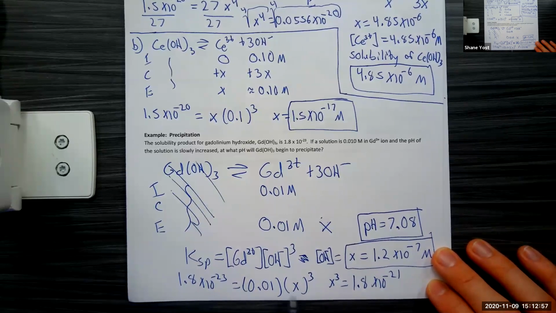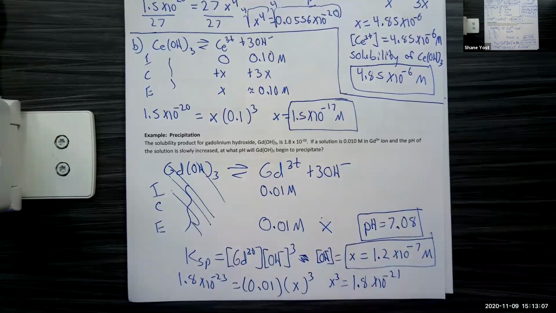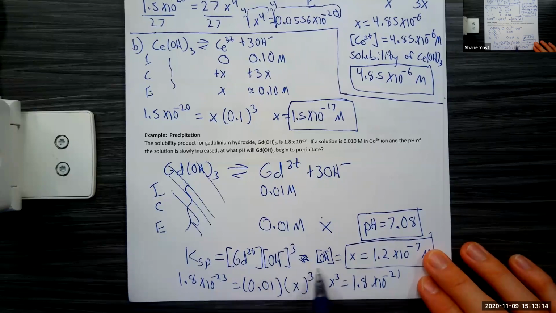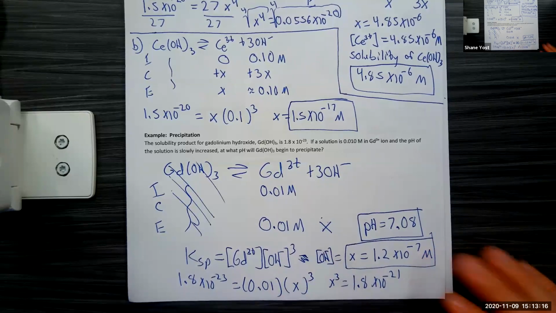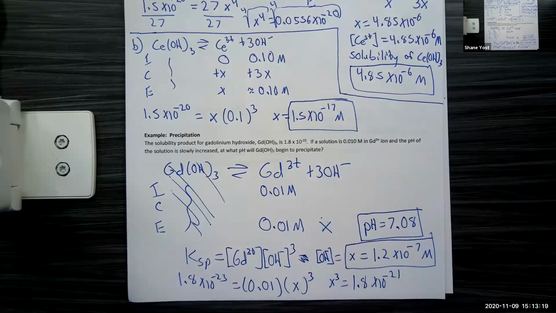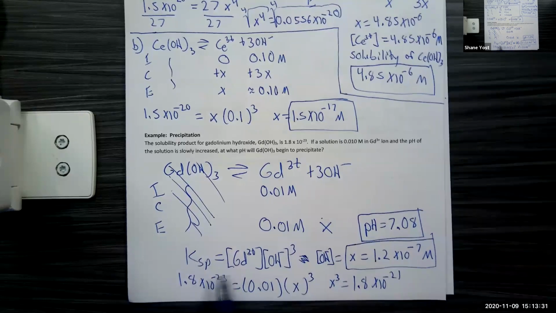So I just care about x here. If I did 3x, I would just have to take my answer and multiply it by 3 to get the overall concentration of OH minus in solution. So you could have done 3x as long as you said the concentration of OH minus was 3x, and you would have gotten the exact same answer. I just did x because I wanted to know what concentration of OH minus is needed to create a saturated solution, which is a solution at equilibrium.